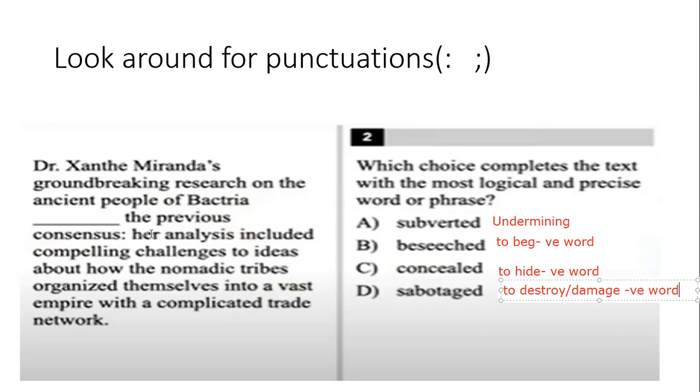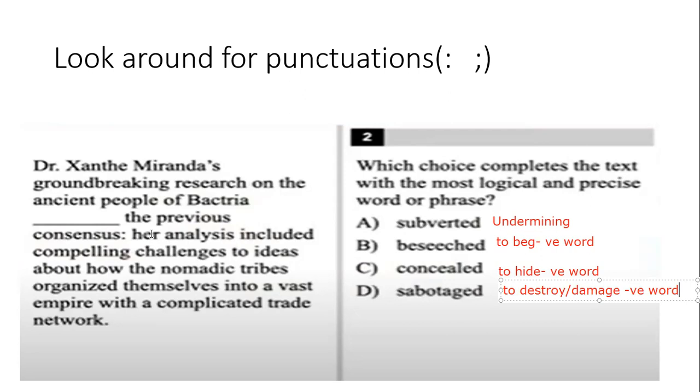I already told you we only use the word sabotaged with places or something related to life. Now we are left with subverted. Subverted means again undermine, right? Just plug in and read out to yourself.